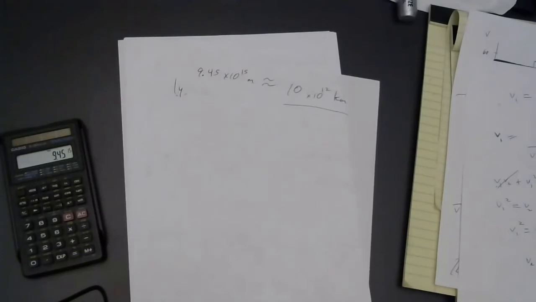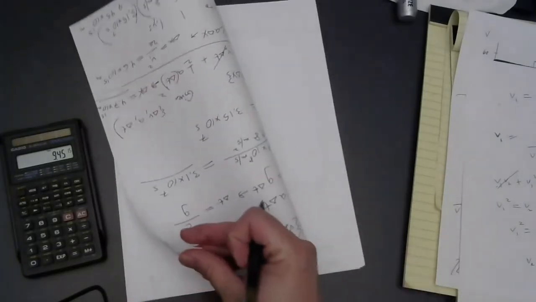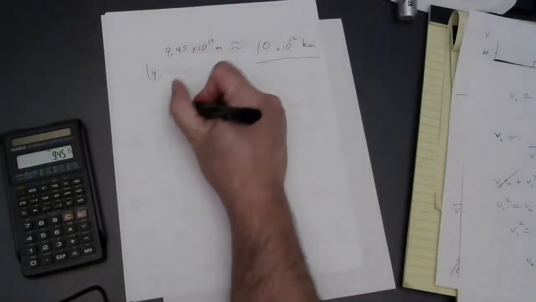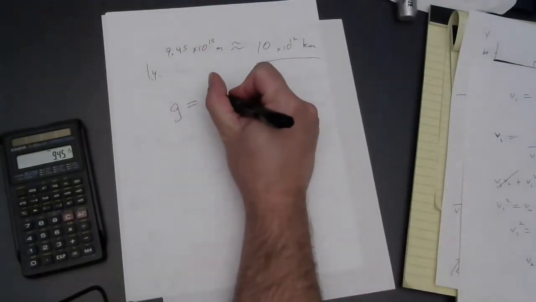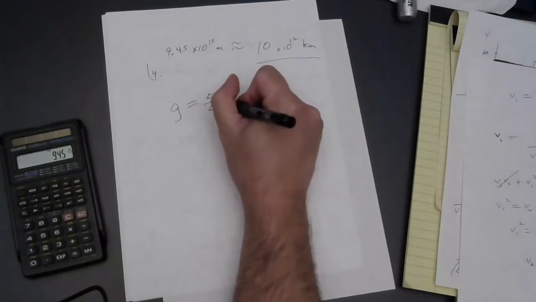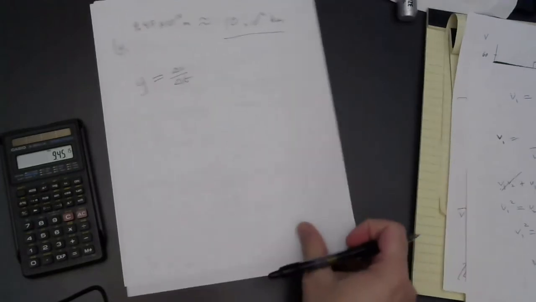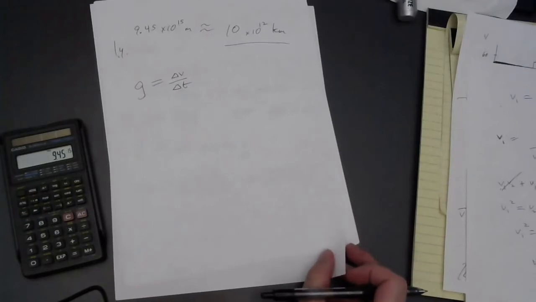Okay, now, here's another way of thinking about this. The free fall acceleration, we know, by definition, is the rate of change of velocity. Now, I would like to cast this in different units.